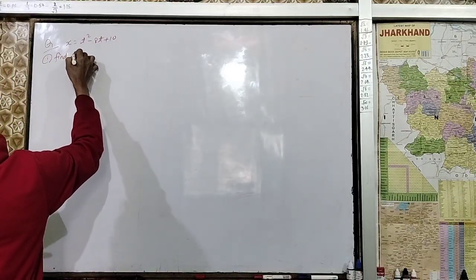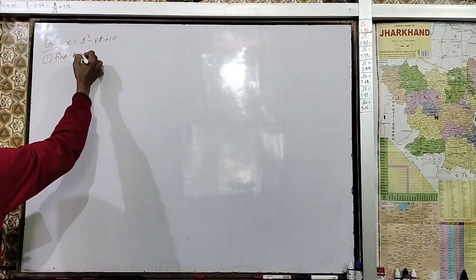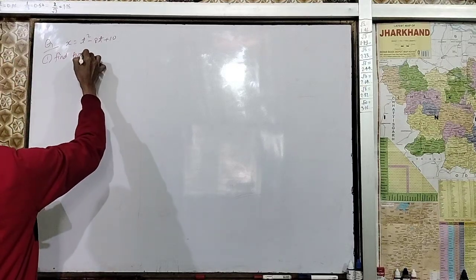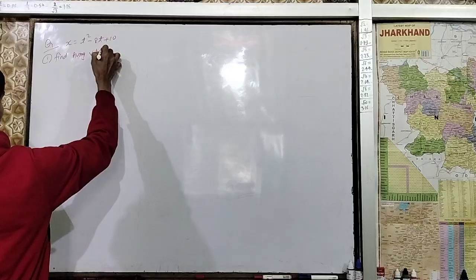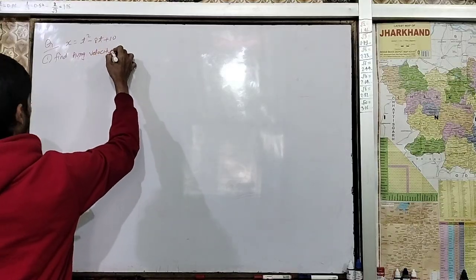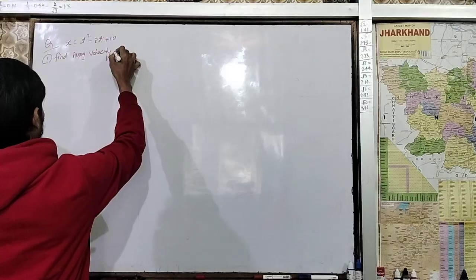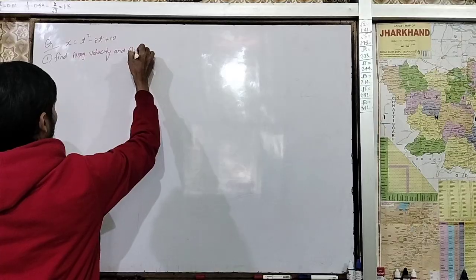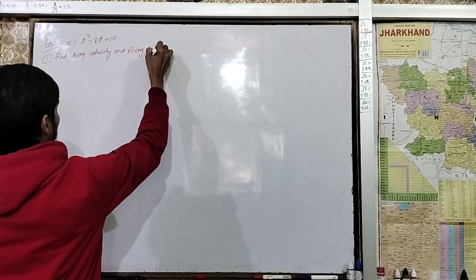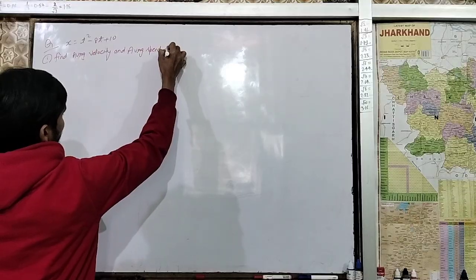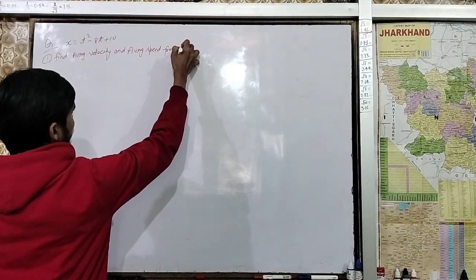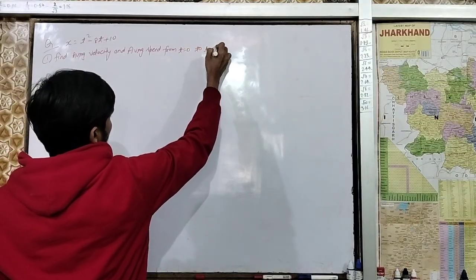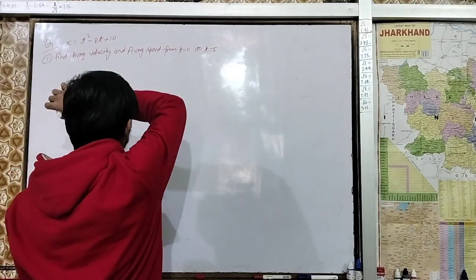Find the average velocity and average speed from t equal to 0 to t equal to 5.